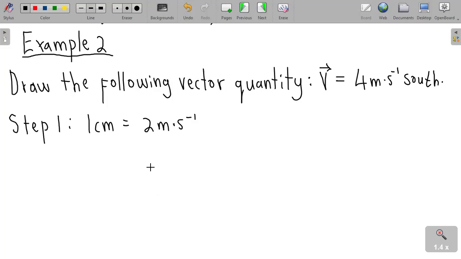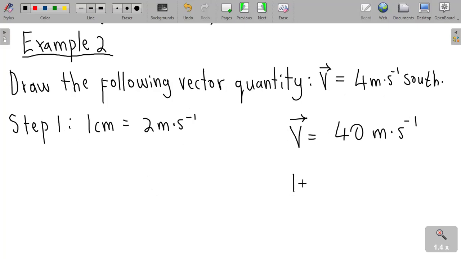So guys, the aim of selecting the scale here is such that the vector that we have can fit on the page. Let's say, in another example, they gave us 40 meters per second. How would you select your scale?